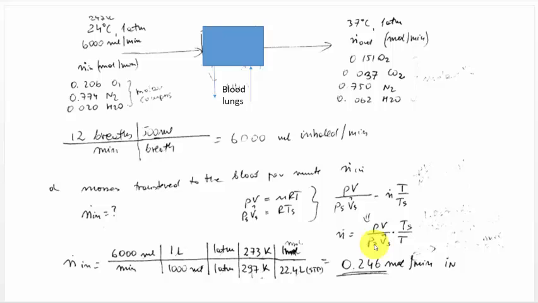When we substitute the numbers into this equation, we end up with a molar flow rate of the incoming stream equal to 0.246 moles per minute.